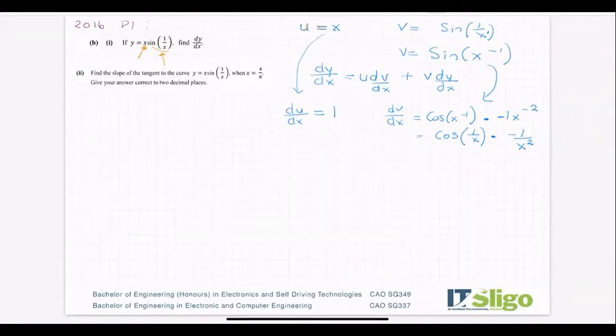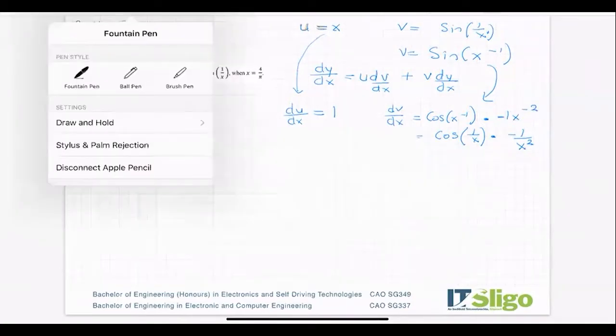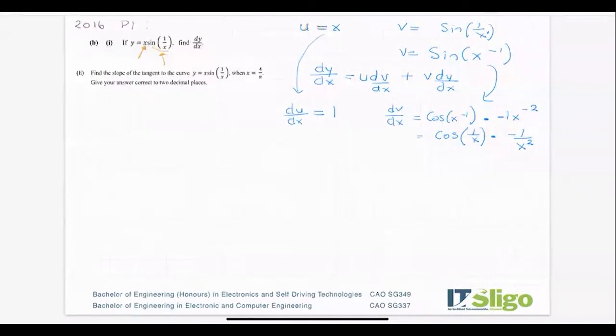We tend to write them as positive powers. So that's why the minus 2 is written like this, to bring it below the line. And if I tidy that up, we tend to put the x squared terms first. So dv dx is going to become minus 1 over x squared cos of 1 over x.